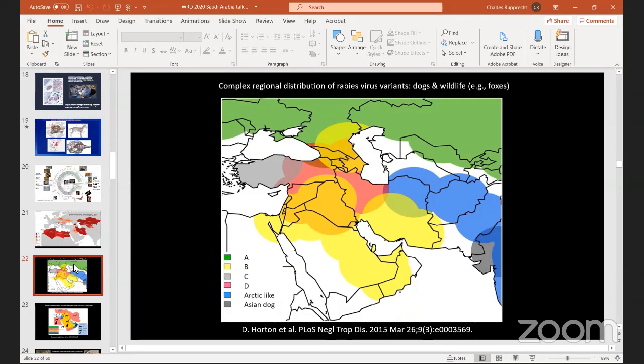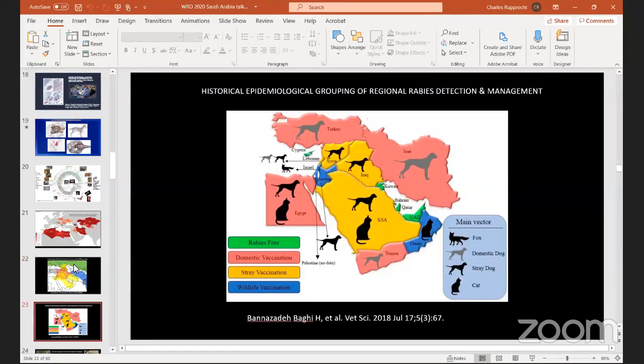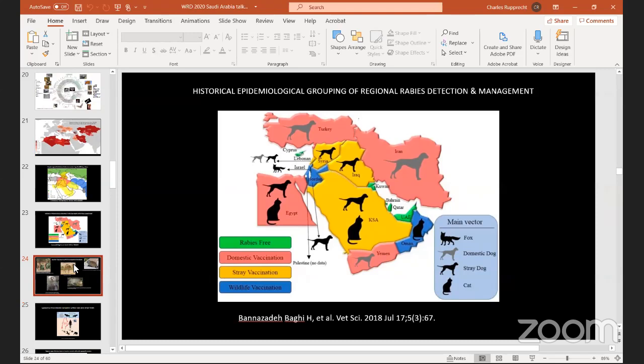Sometimes you'll have superimposition of both domestic animal and wildlife rabies that helps complicate this epidemiology. And if you understand the epidemiology, it helps to simplify the management, as utilized in this particular cartoon. That is, if you have primarily canine rabies, then focusing upon canine rabies elimination is the major issue, as it is throughout major parts of the region, as opposed to when wildlife rabies is operative, such as in foxes in the area, which complicates the situation.